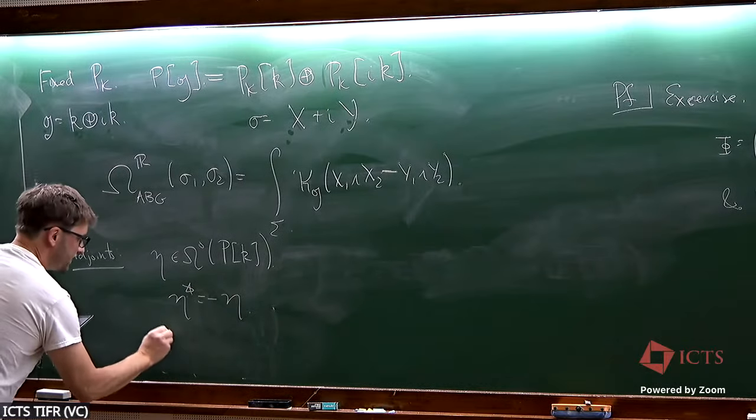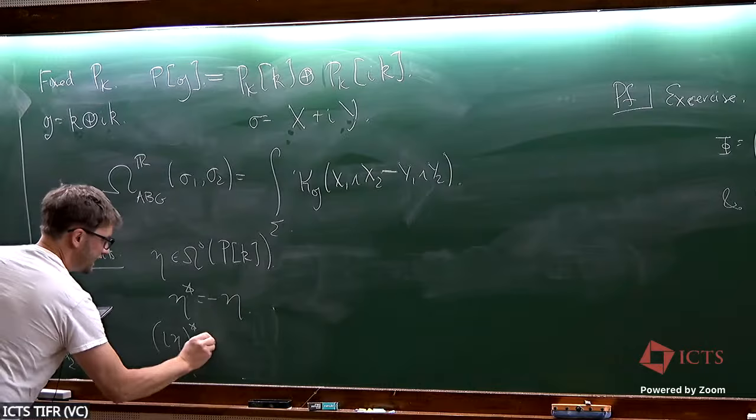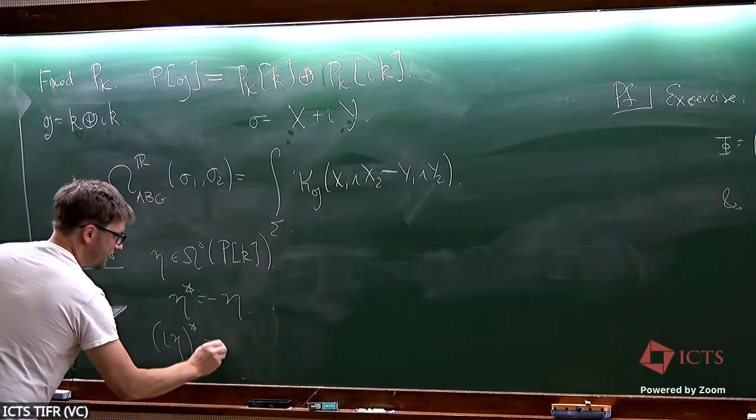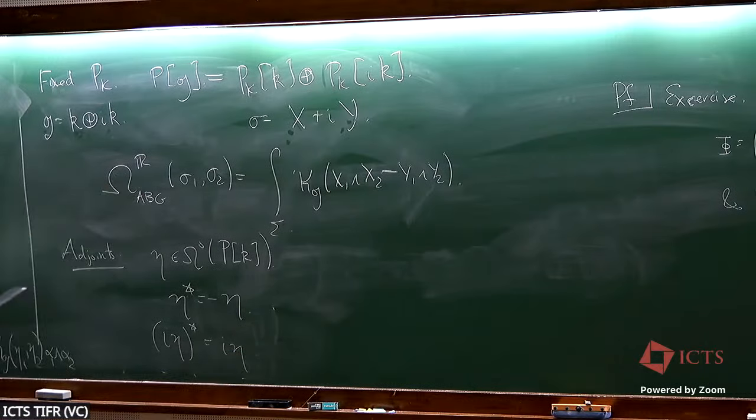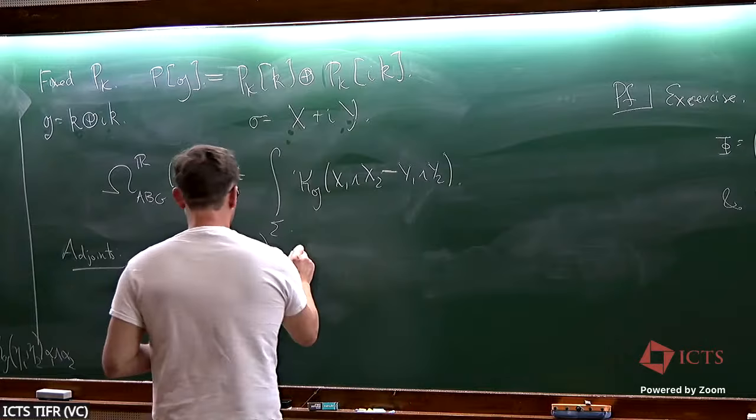And of course, if I multiply it by i and I take the adjoint, I get i times eta. Okay, good. Okay, and then now one more thing.